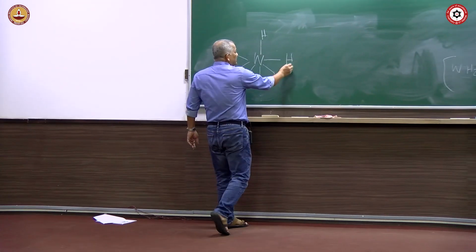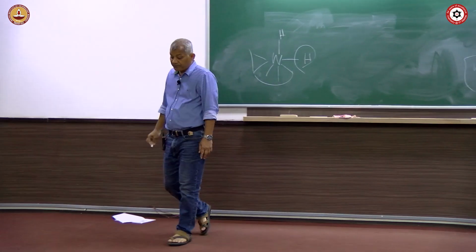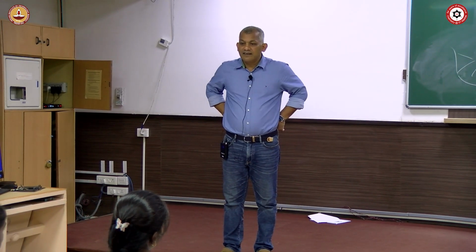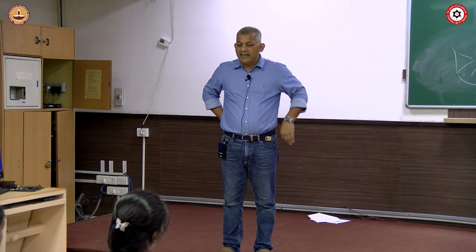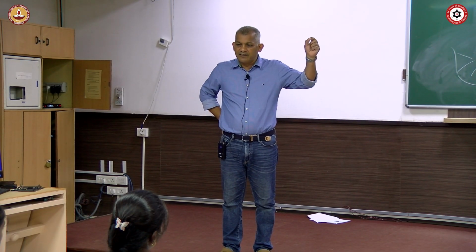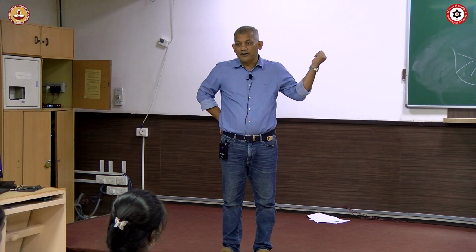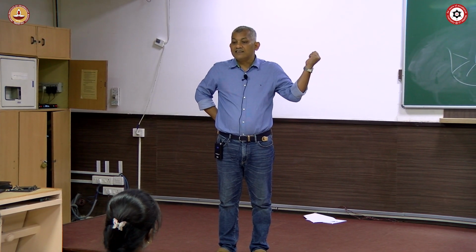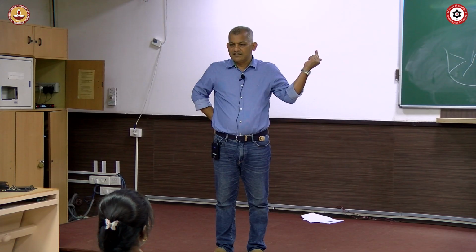Sandra, you tell me what is the ligand type here? Anyone? Very good. X-type ligand. X-type ligand, how many electrons contribute? Very nice. What is the electron count of the tungsten now? Tungsten. 18.